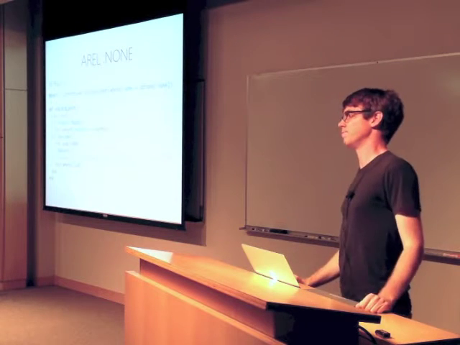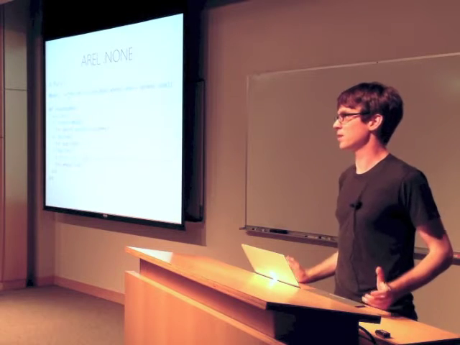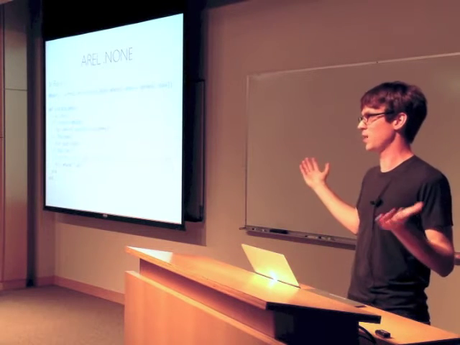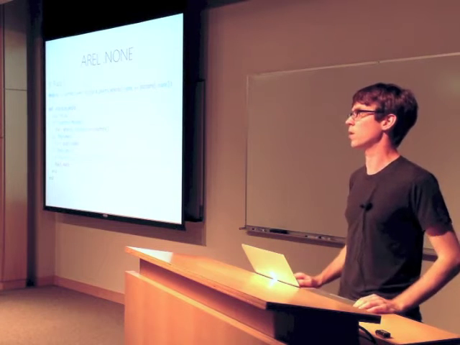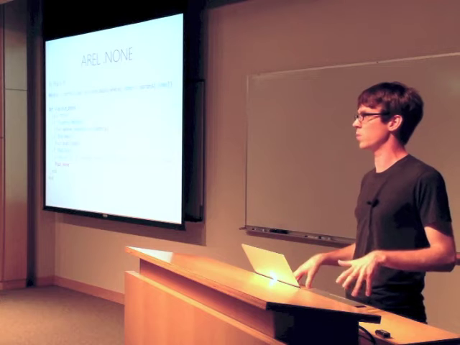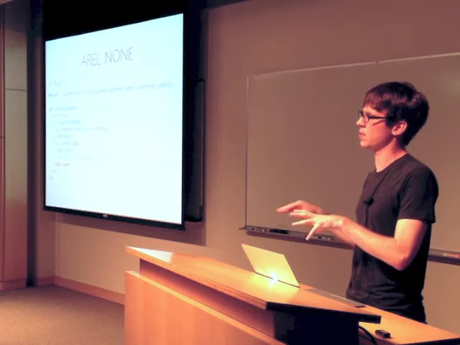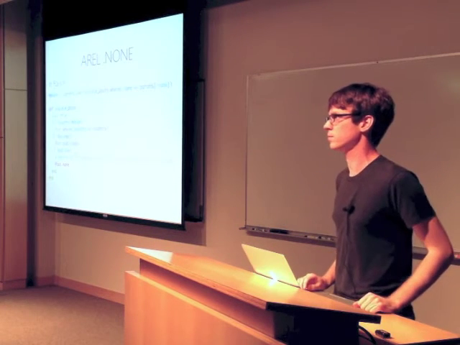So right now in Rails 3, I use where 1 equals 0, which is kind of silly because it's sending that query to the database, even though obviously it's going to return no rows. So in Rails 4, there's a new method called none. And that basically has the same effect, but it's a little more performant because it doesn't send a query anywhere. It's all within Arel and ensures that anything after that, no matter what you do, it's always going to return an empty set.